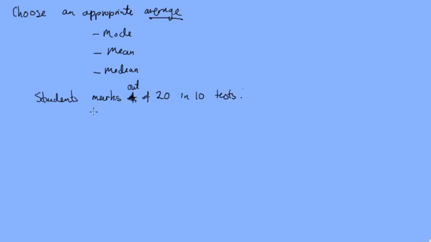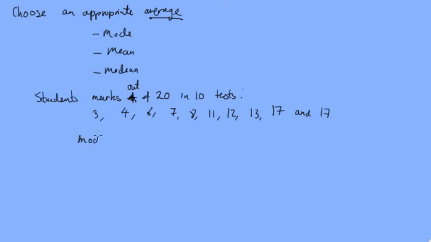So the marks are 3, 4, 6, 7, 8, 11, 12, 13, 17 and 17. So let's look at what the mode, mean and median are.